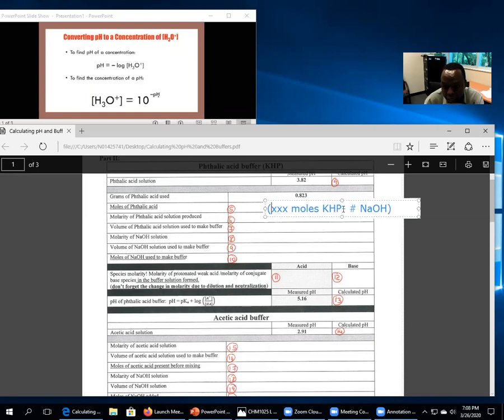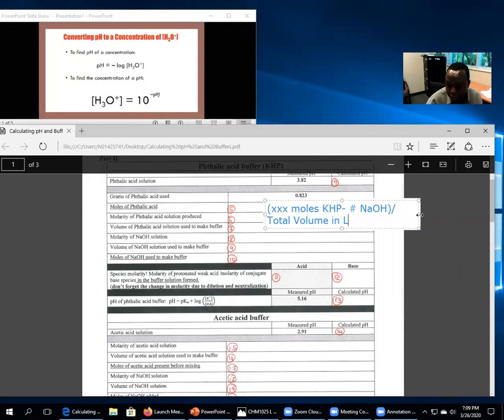If I subtract that, it will give me moles of the acid remaining. Divide by the total volume in liters.